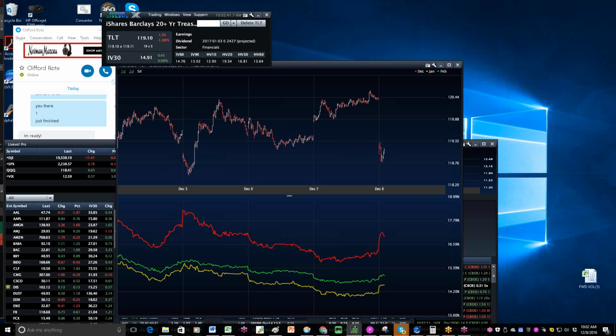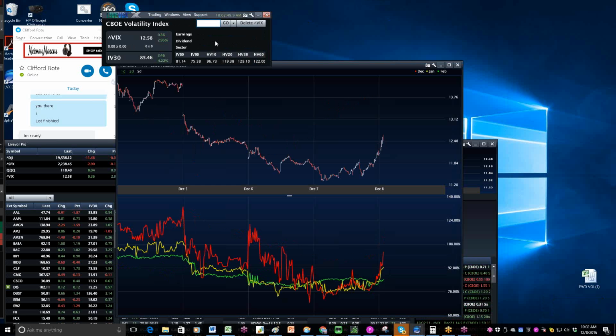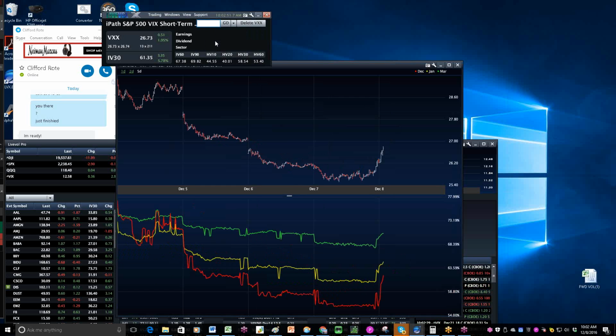As far as the volatility products go, the futures are starting to go back up, which is probably setting up for another short in the vol products. You've got the Fed coming out. I don't think much is going to happen, and right now there's a dead cat bounce in the futures.